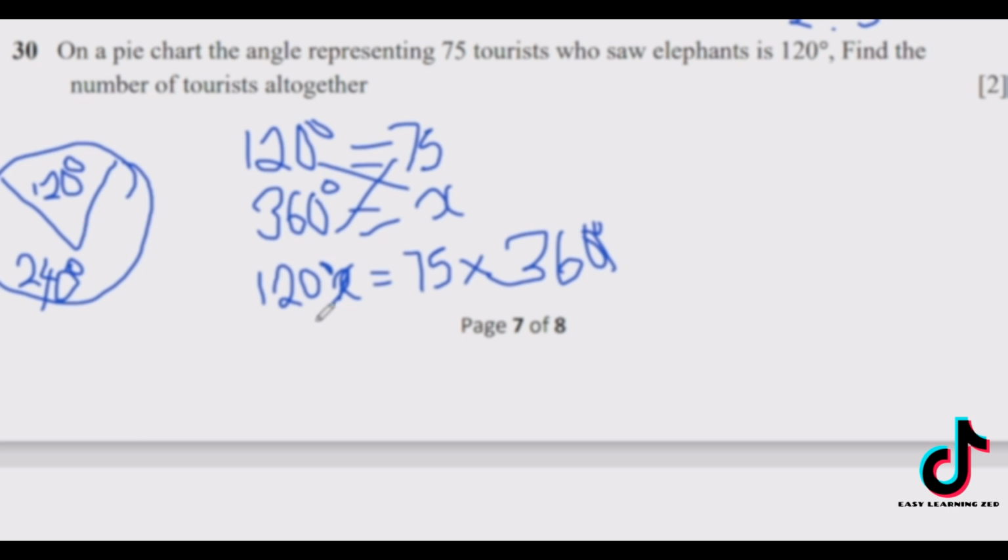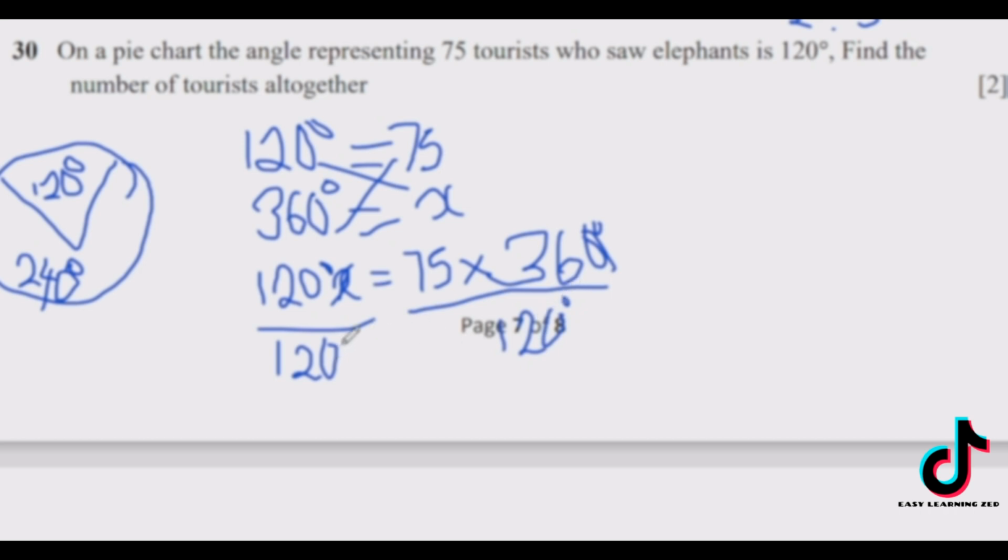You can multiply this in advance, but I would encourage you to first simplify this, so that you don't come up with a bigger number. Remember, in an exam you won't be allowed to use a calculator. You also divide this by 120 degrees.